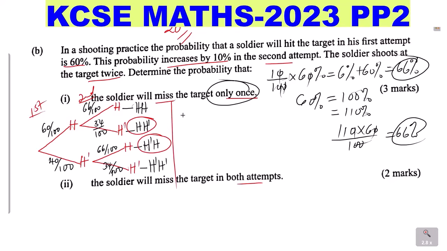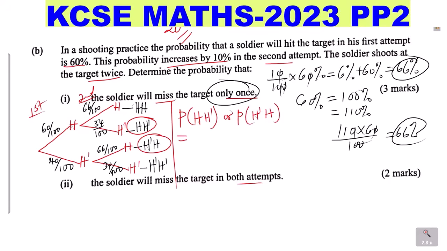So therefore this will be the probability of hitting then missing, or the probability of missing then hitting.